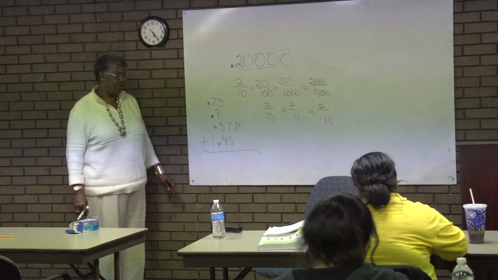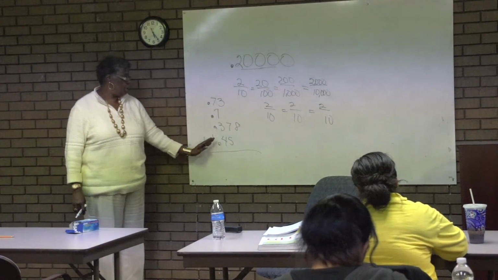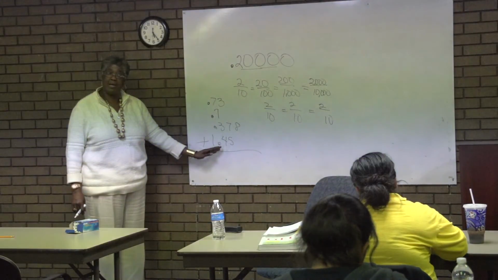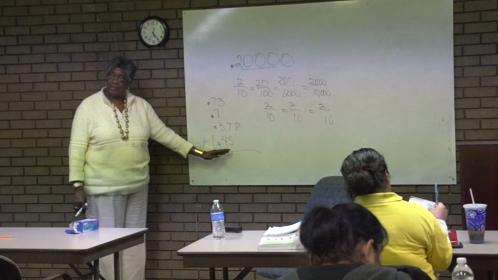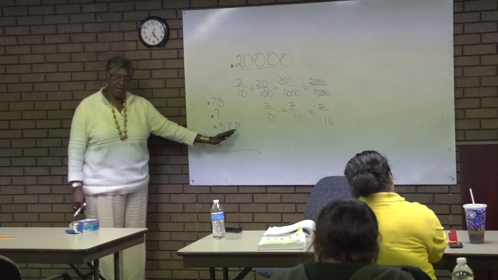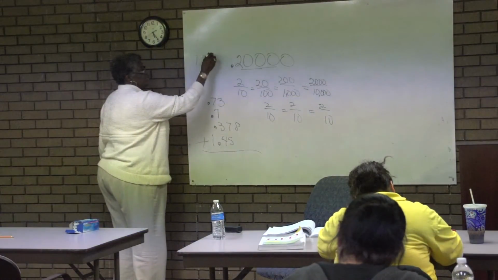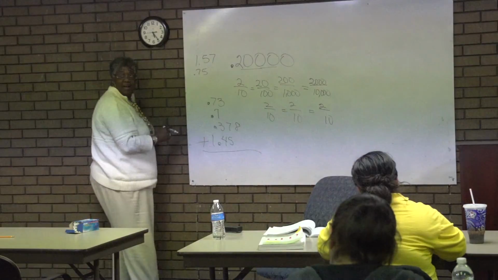The thing you have to remember is that as long as you keep your decimal point lined up, you will be adding tenths to tenths. You see, you have a common denominator. You'll be adding hundredths to hundredths. You'd be adding thousandths to thousandths. If you had $1.57 and I wanted to add 75 cents, I'm not going to start the 75 over there, right?